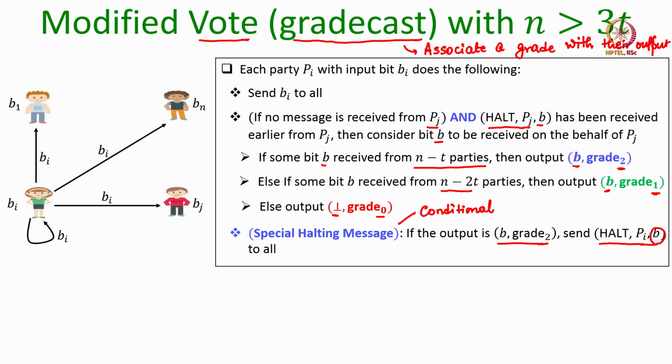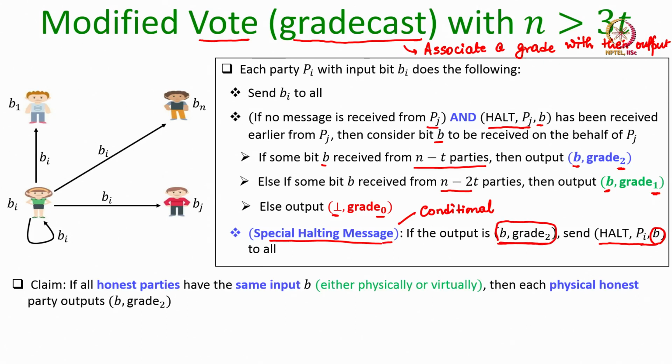My participation will not be there physically. I stress that this is a special halting message, this will not be sent every time by pi, it will be sent only when pi is going to obtain an output with the highest grade.